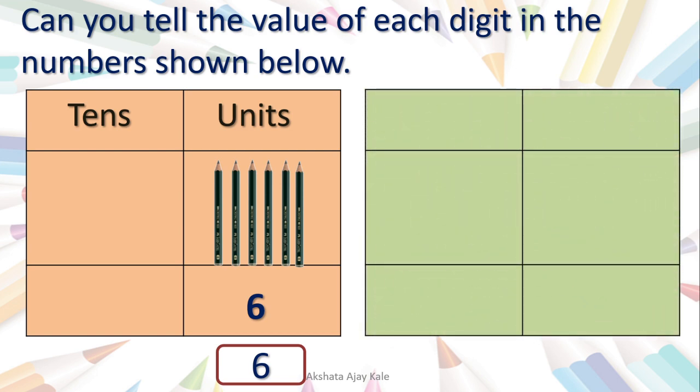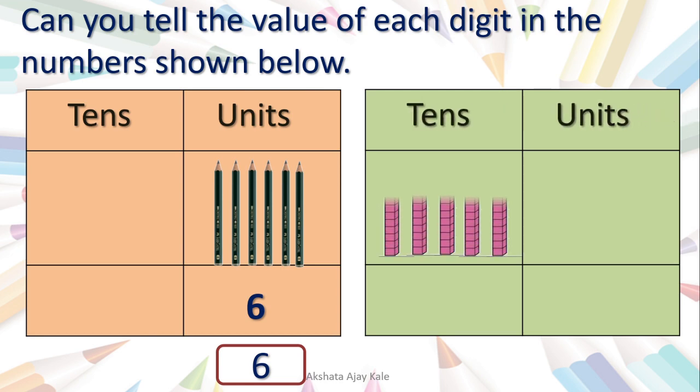Here you can see one more table: units place, tens place. Here we can see tens and units. How many tens are there? 1, 2, 3, 4, 5. 5 tens are there, so we will write 5 here, and 3 units. Here what is the value of 5? 5 tens, right?